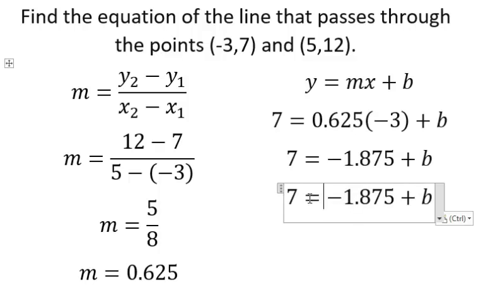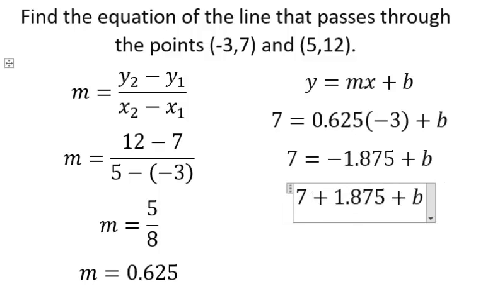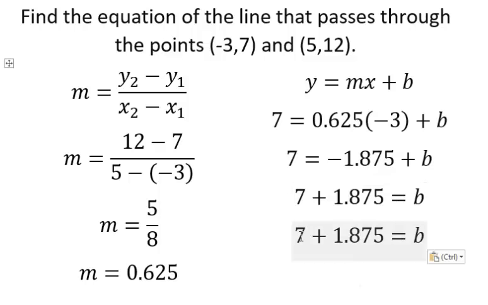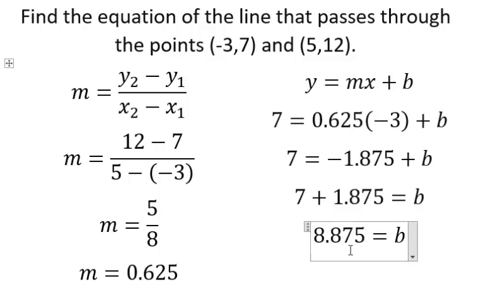So instead of minus 1.875, it will be plus 1.875. Remember, if I move them to the other side of the equal, then the sign is going to change. So 7 plus 1.875 will be 8.875. So I already found b and I already found m.